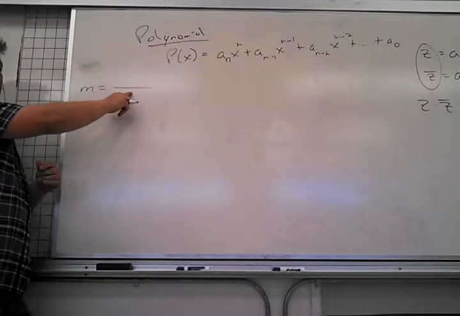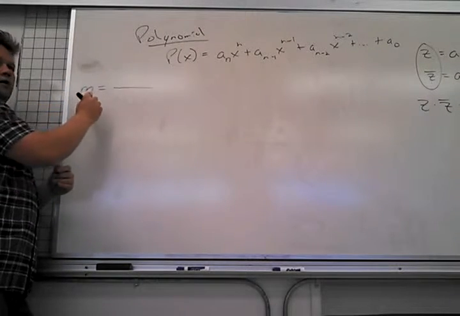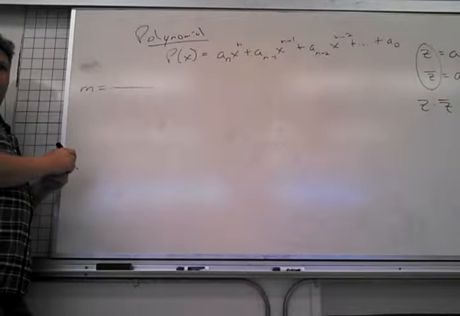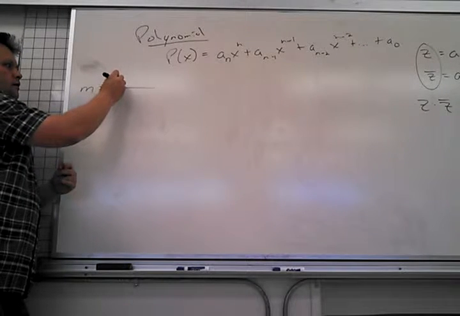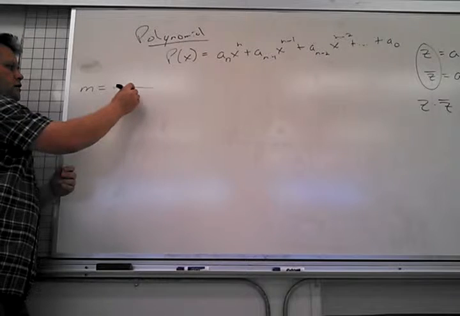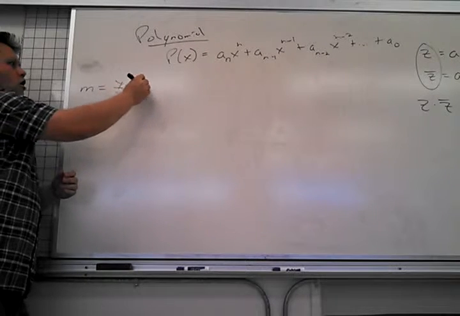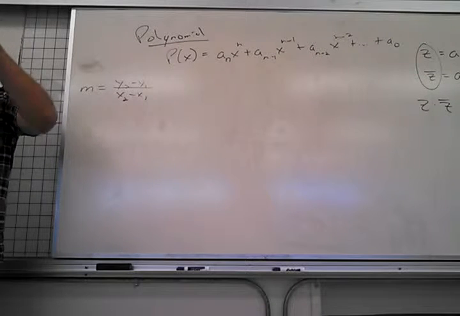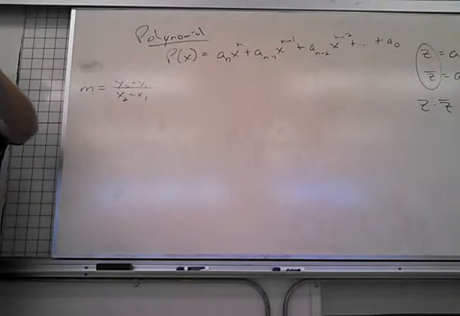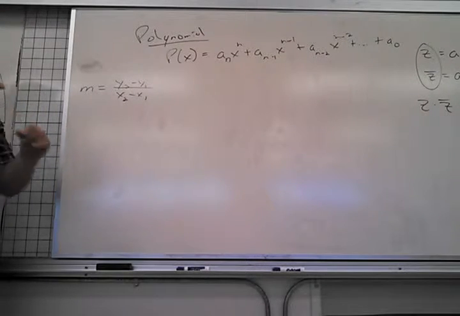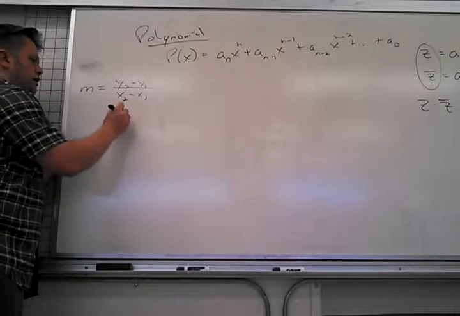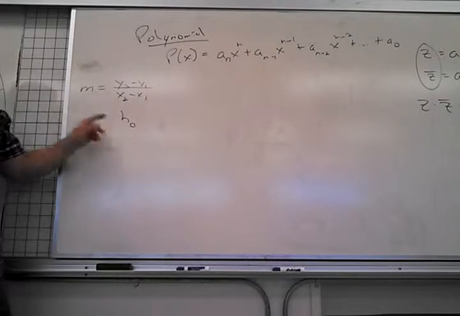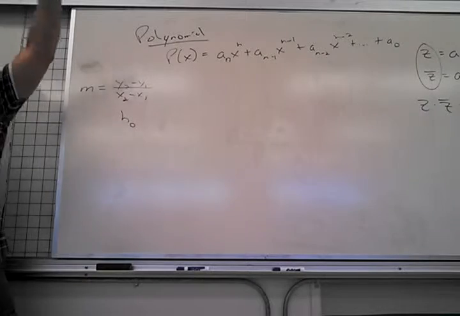What about this? m equals slope. So all a subscript means is a specific number for that idea, right? When I see a subscript on something, it's a specific number. Normally in physics you would see something like h sub 0, which means the initial height, and then you drop something.